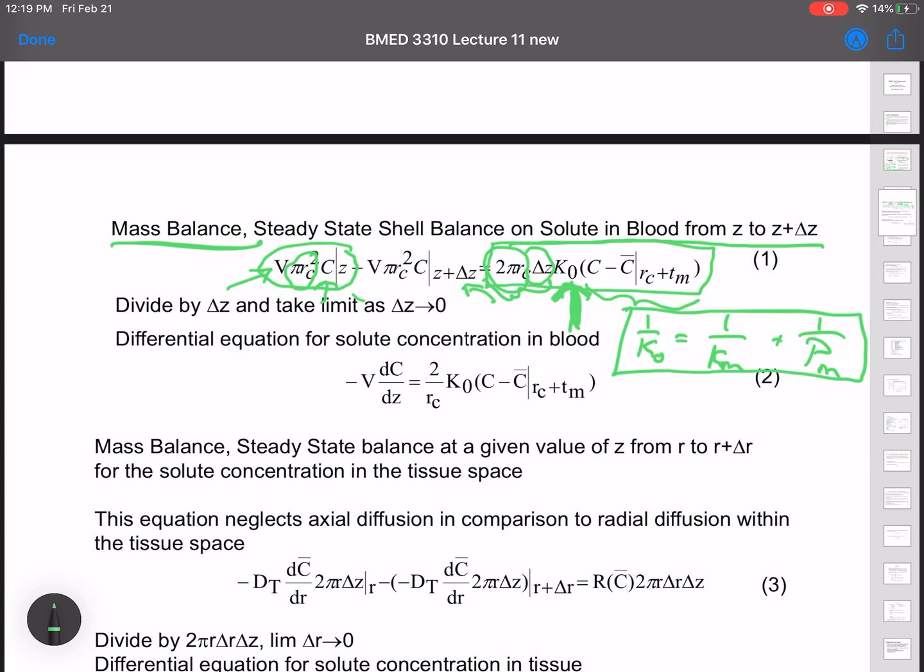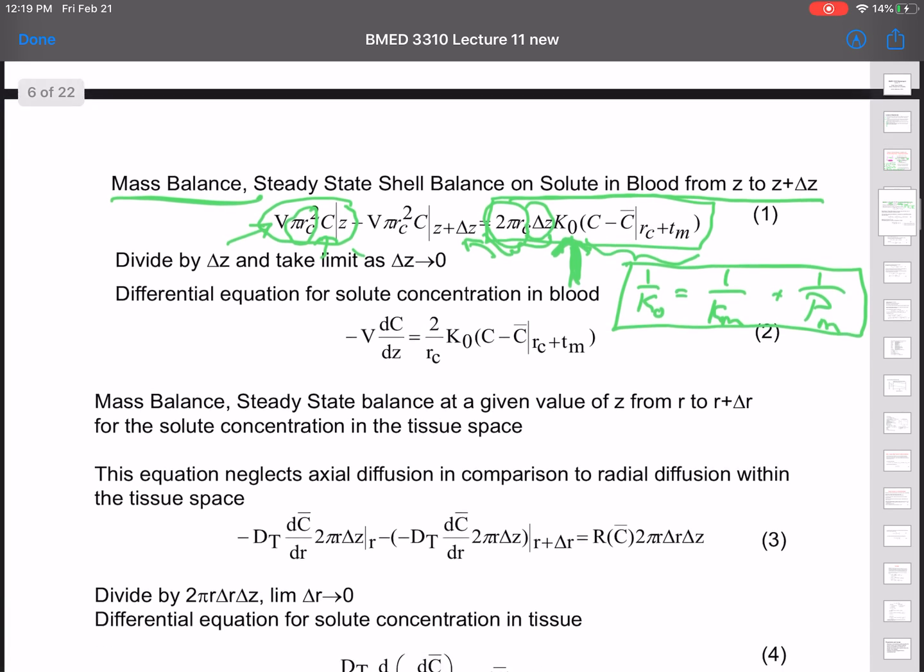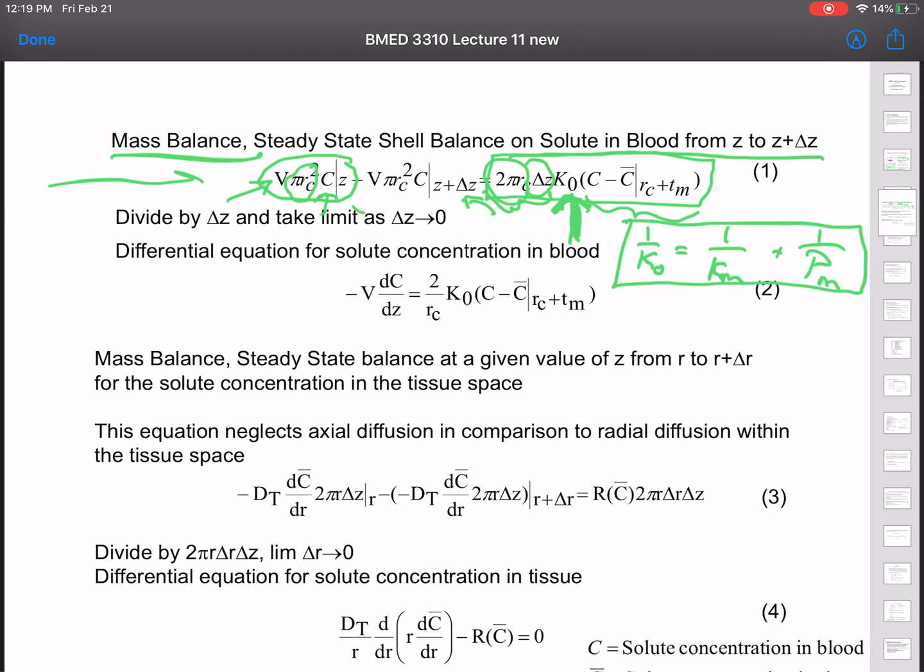All right, so we have done a little mass balance here, and rearranged it to come up with this lovely differential equation. By the way, this C here is the concentration in the blood.